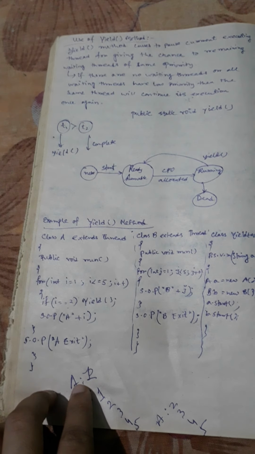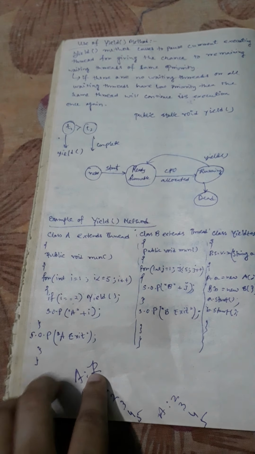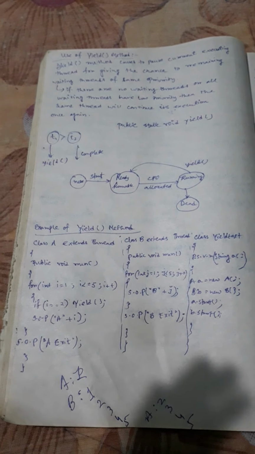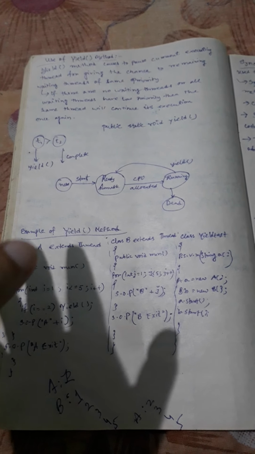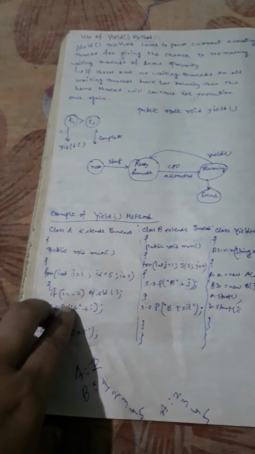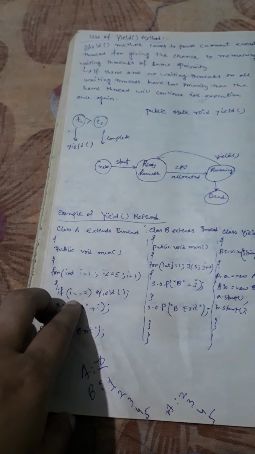So when i equals 1, it goes to the B class, and after completing the B class execution, it will come back to the A class.